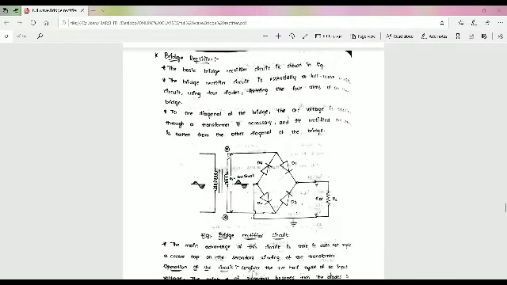So the input voltage is given across this diagonal, and this is the other diagonal. The input AC voltage is applied to one pair, through a transformer if necessary, and the rectified DC voltage is taken from the other diagonal of the bridge. These 2 arms are the AC input terminals and these 2 arms are the output.